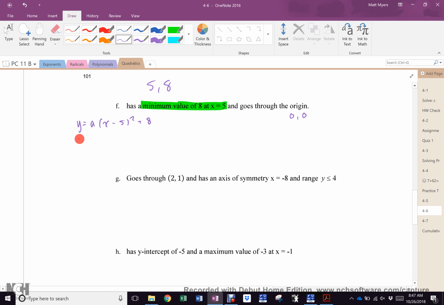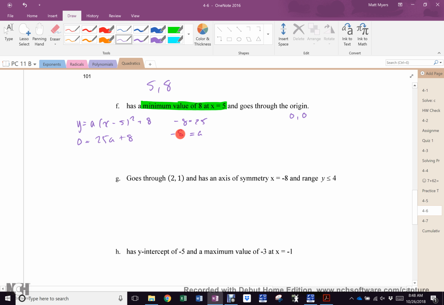So, 0 equals a(0 minus 5) squared plus 8. Can I just write 25a now? Are we cool with that? Everybody is with me enough that I can just go 25a plus 8 now? Yeah? Okay. So negative 8 equals 25a.